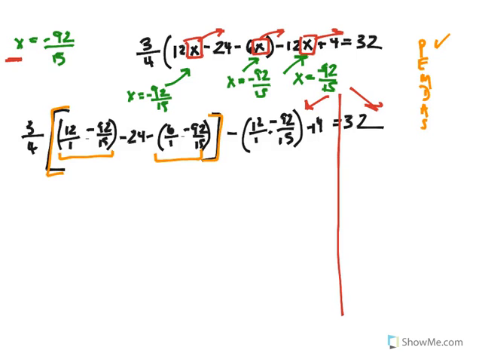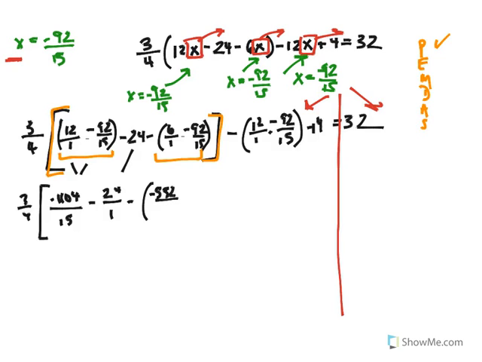So I multiply and I get negative 1004 over 15. So this times this equaled that. Minus 24 over 1, this one here. Minus negative 552 over 15. That was the answer to this one.